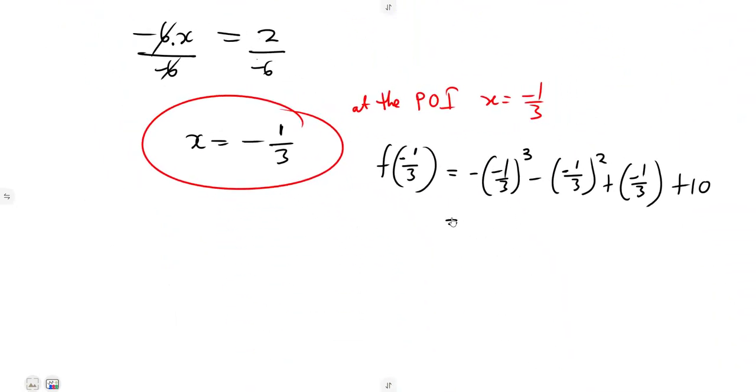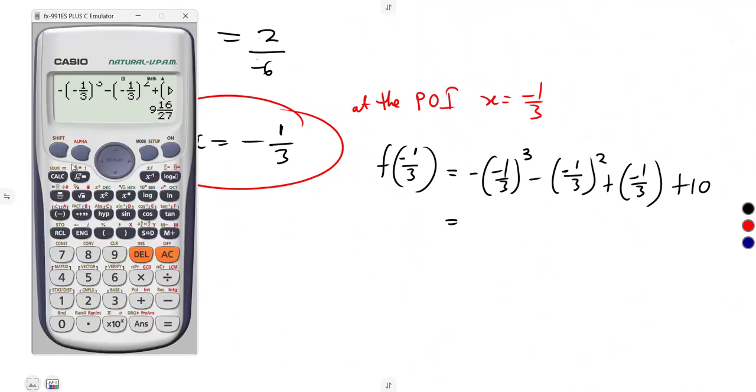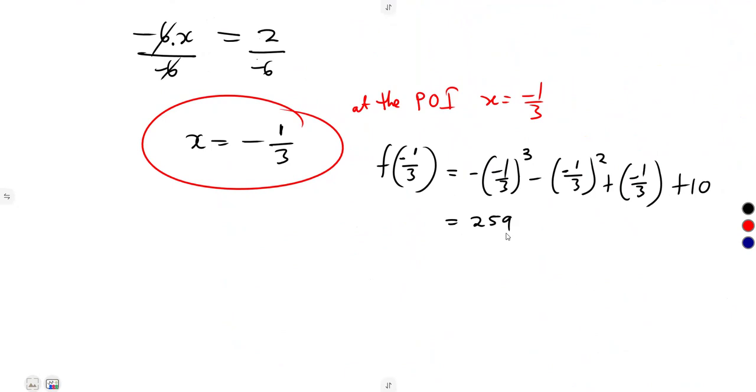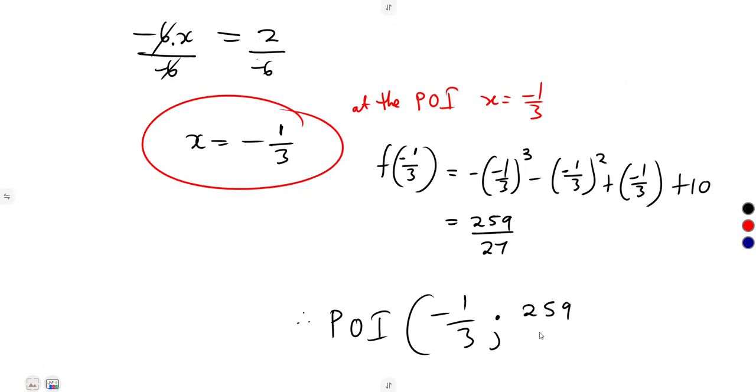Sometimes they can just say the value of x at the point of inflection, but in our case, we need the exact point. So this can be written as 259 over 27. Therefore, our point of inflection is going to be given as x minus a third, and the y value 259 over 27.